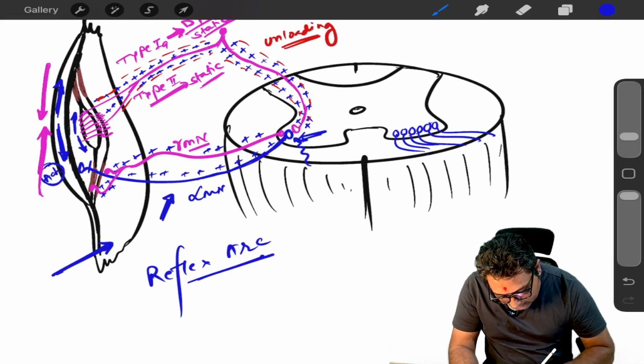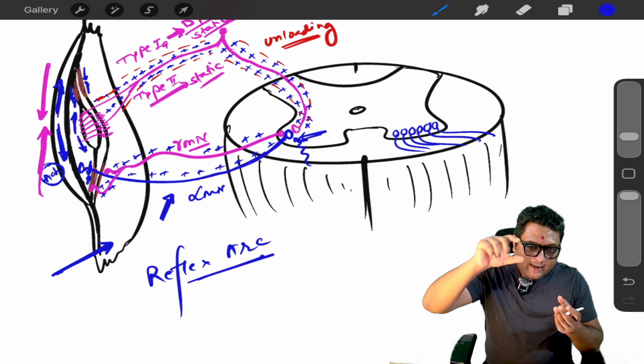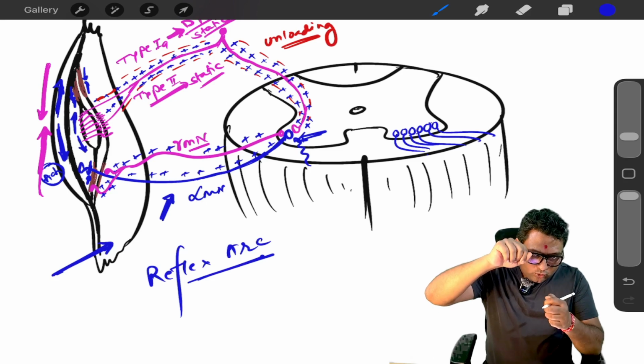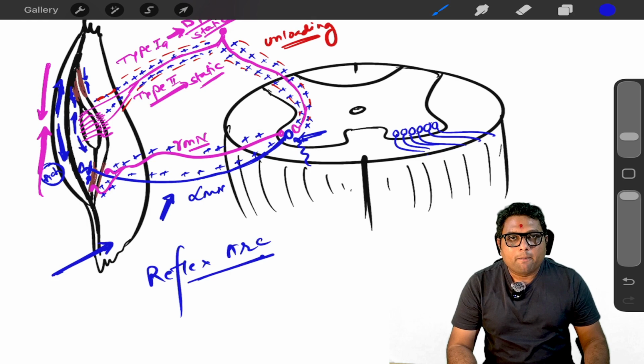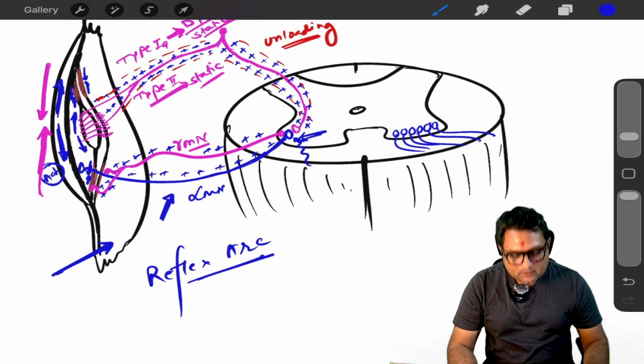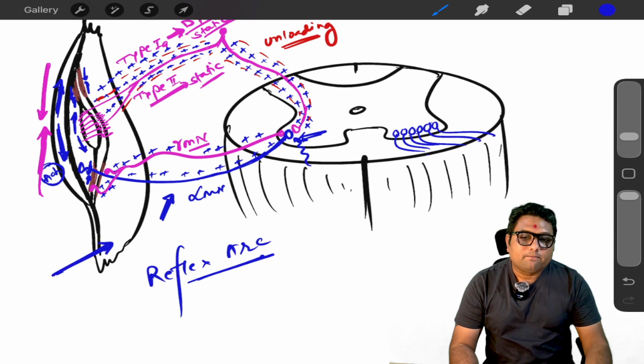So when this miniature contractile component contracts, that is, when the ends are contracted, that leads to stretching of the central part of the muscle spindle, which eventually increases the frequency of action potentials.